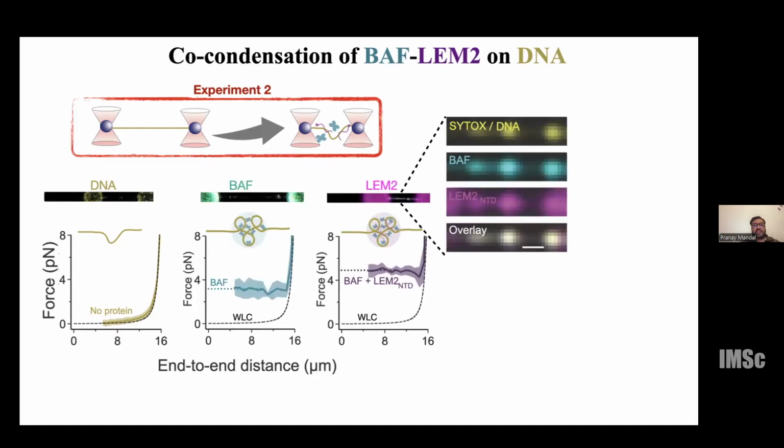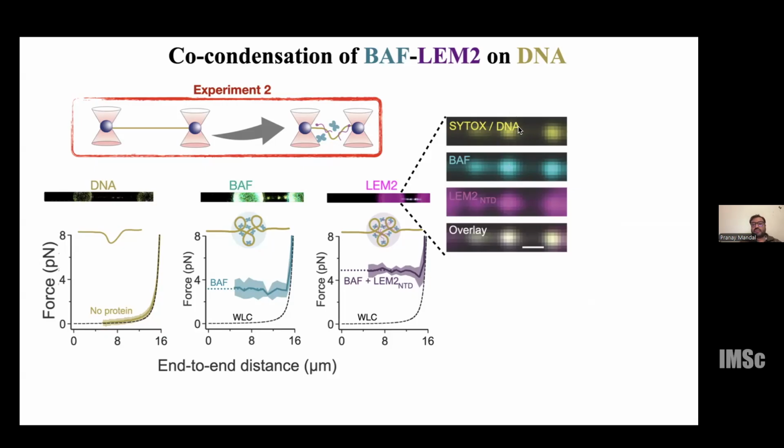Now, an interesting thing happens when we do the same experiment with BAF in the first case, just BAF, and in the second case BAF and LEM2. What you are seeing is a co-condensation phenomenon where you can see these droplets forming, but it happens only when DNA is relaxed.